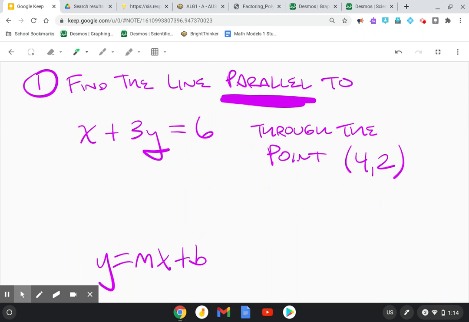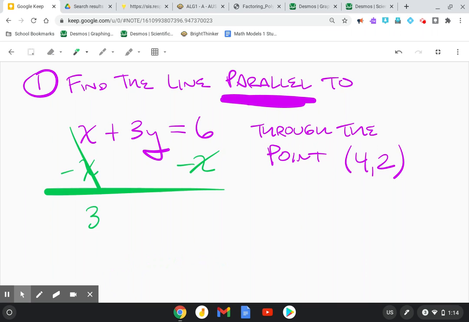So let's go and do that. We learned that in a previous lesson. You need to go back and look at those lessons if you need to brush up on how to do this. I'm not going to cover it in length here. To get this into slope-intercept form, I'm going to subtract the x from both sides.